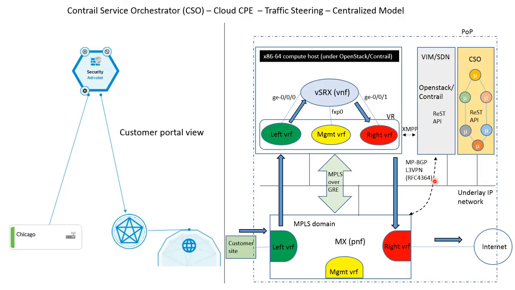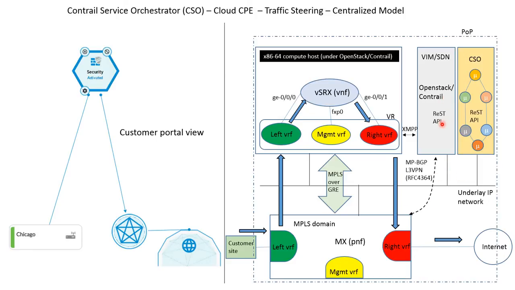We are using the same model to seamlessly connect the physical world, which is represented by this MX, and the virtual world of this cloud. So for the control plane, we are using MP-BGP. We are going to exchange labeled IP VPN routes. So there is nothing new here. The BGP session will be established between the MX and the Contrail controller.